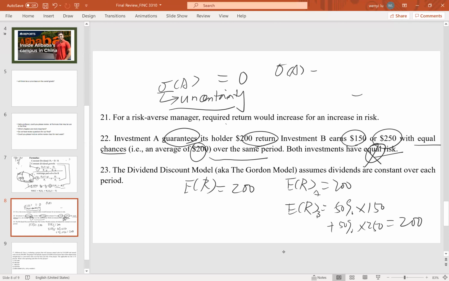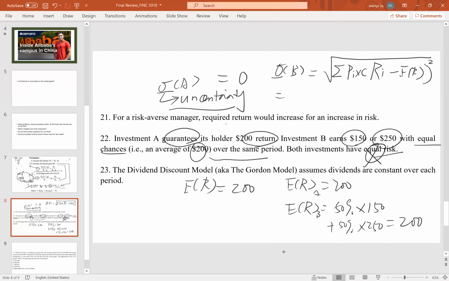You can see our formula here: sigma, the summation of the probabilities Pi times (Ri minus the expected return), then take the square. That's the variance. The variance taken to the square root will be the standard deviation.